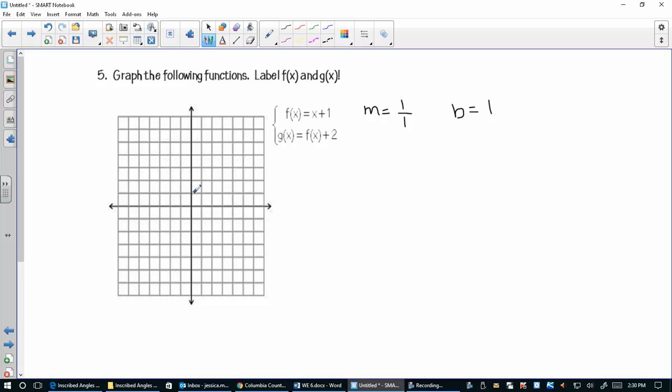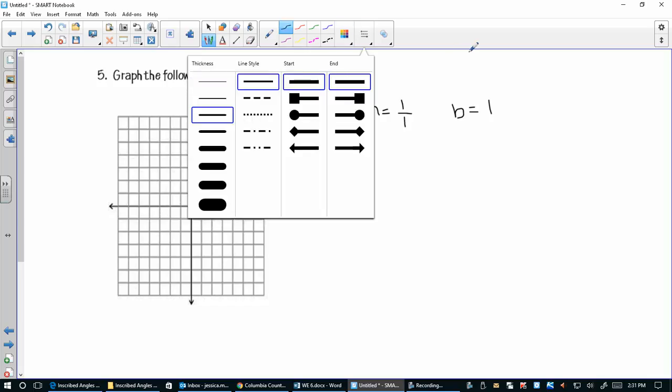So to graph that, I'll put a point at +1 because that is my b value or my y-intercept. And then I'll finish up that graph by doing rise over run.